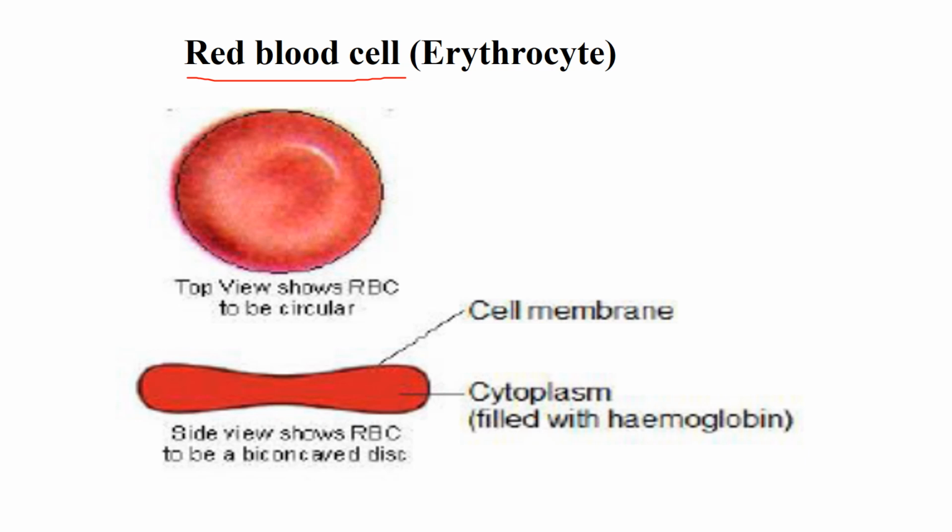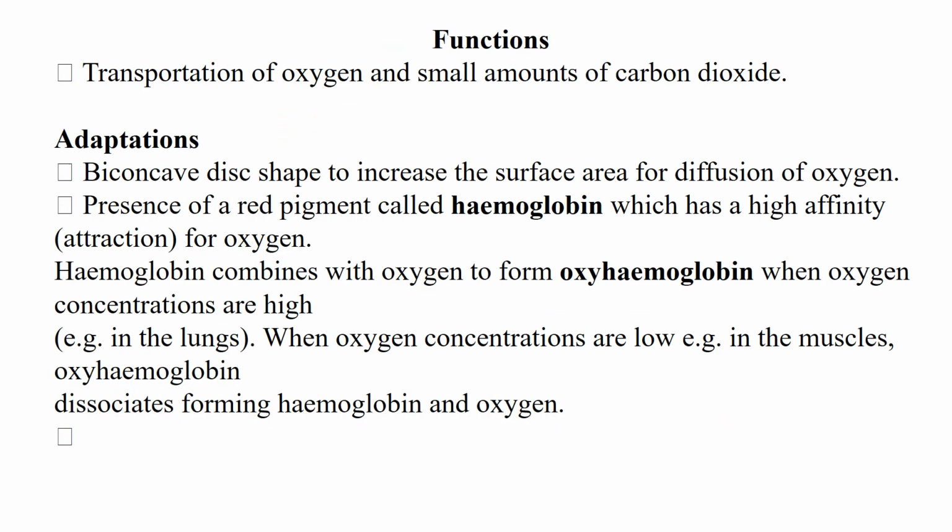And as we have been learning, I think from grade 7, the function of the red blood cells is just to transport oxygen. That answer does not change. So the function of the red blood cells is to transport oxygen as well as a small amount of carbon dioxide.